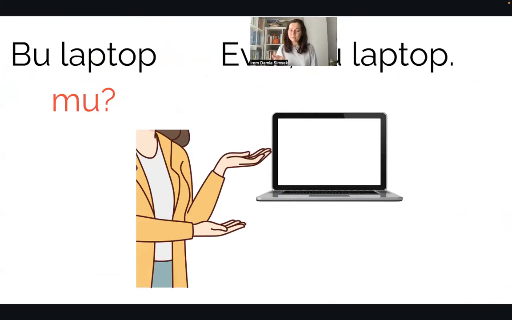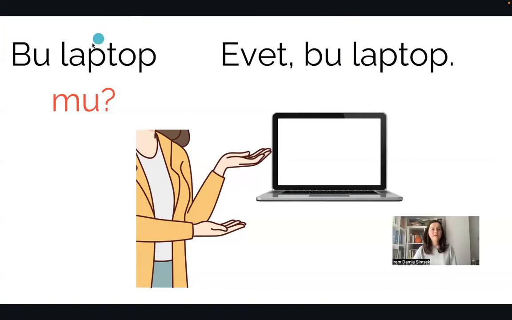So, do you remember we discussed vowel harmony in plural forms? For this, you can watch the video again because we will need to use vowel harmony again. So, the question says here, bu laptop mu? Is this a laptop?